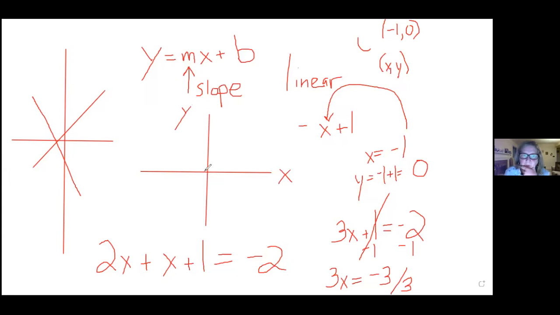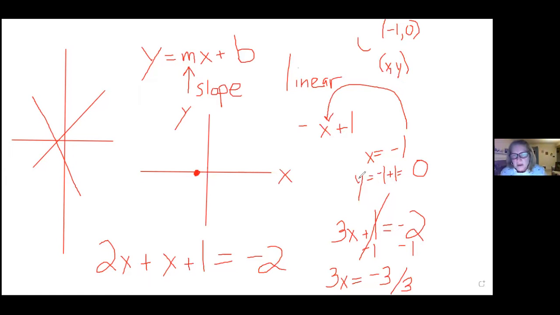So I'm going to go over -1 and right on the axis there, right on 0. That's my point. Now, what does -1, 0 mean? I just said that it's a solution to the system of equations. But what does it mean in real life?